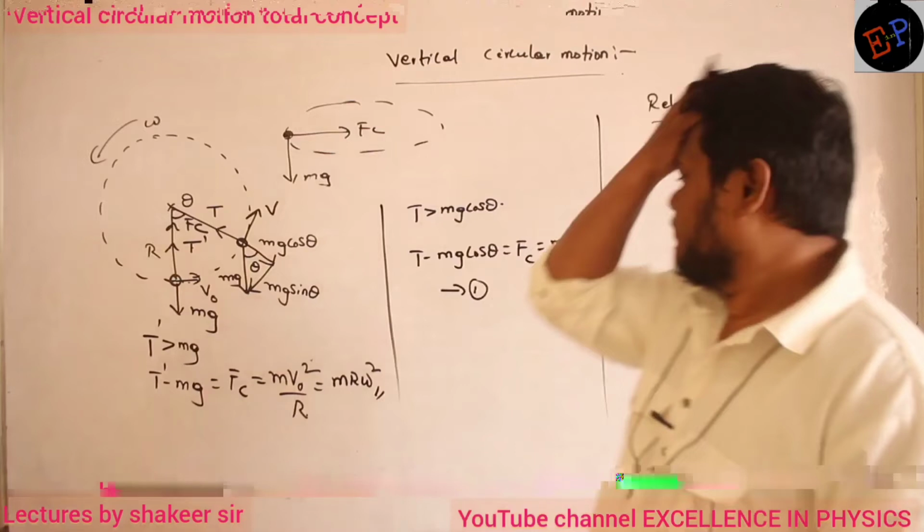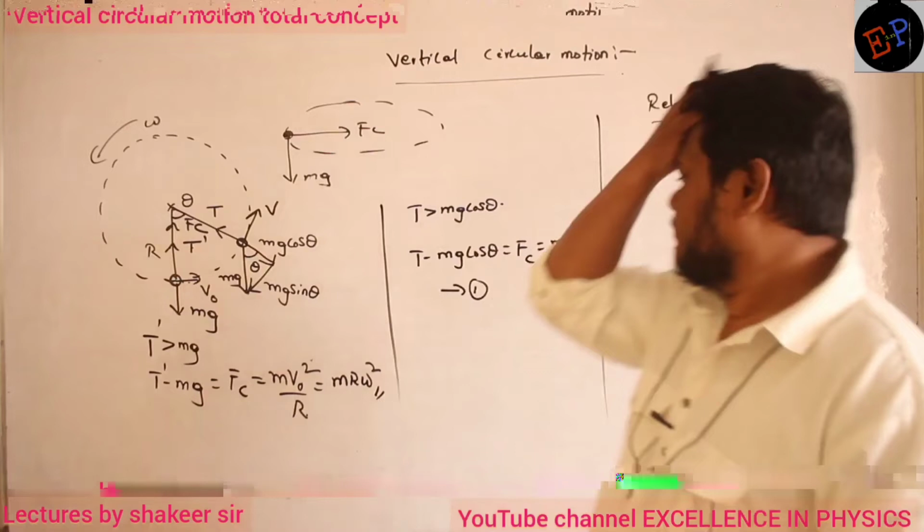Sin 0 is 0, sin 90 is 1, sin 180 is 0, sin 270 is minus 1, sin 360 is 0. So sin values vary only from plus 1 to minus 1. Similarly, cos values also vary only from plus 1 to minus 1. Beyond that, they cannot reach. But here, cos inverse of minus 3 by 2 is greater than 1 in magnitude, since 3 by 2 is 1.5. So is it possible? This angle is not at all possible. There is no such angle.